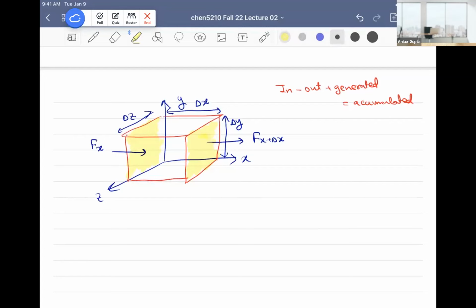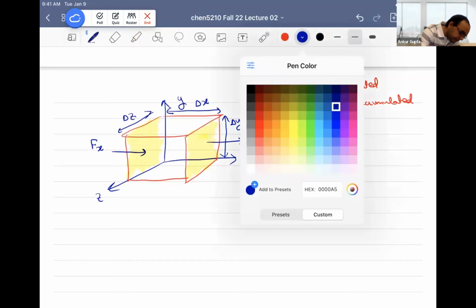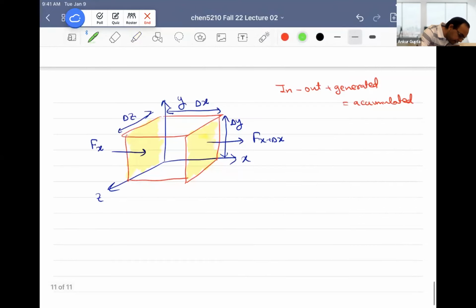And why am I choosing fx? Because my surface is perpendicular to x. Let's change the color to make sure it's clear. If I'm thinking of fy, then I will look here, fy plus delta y.